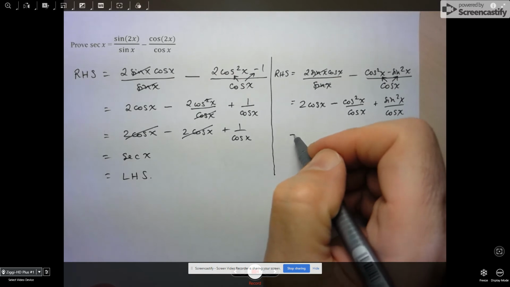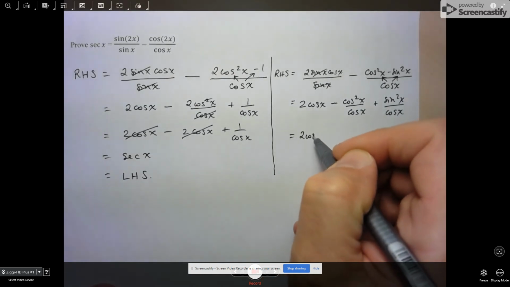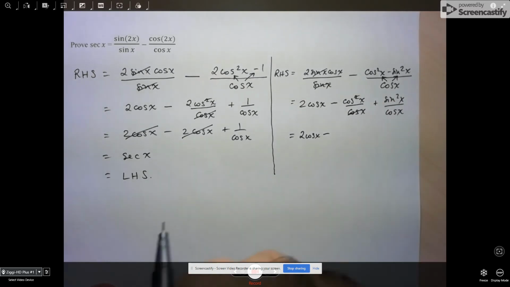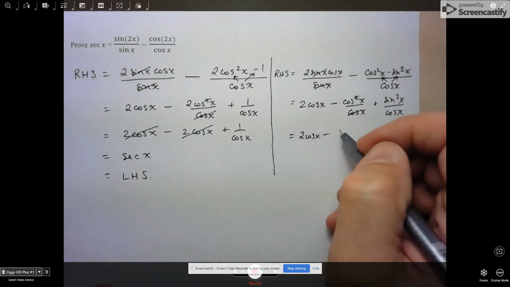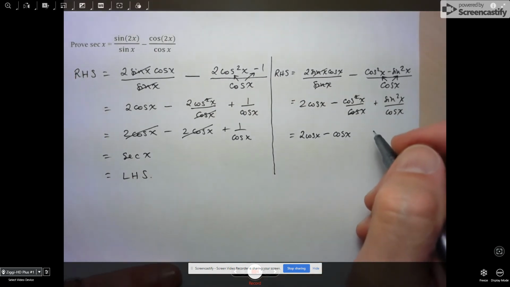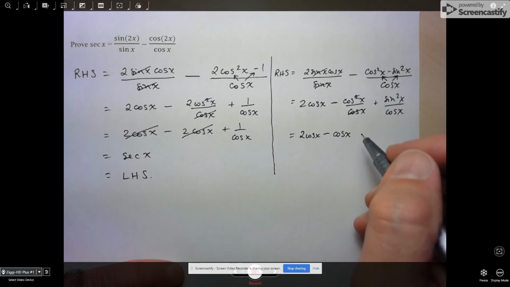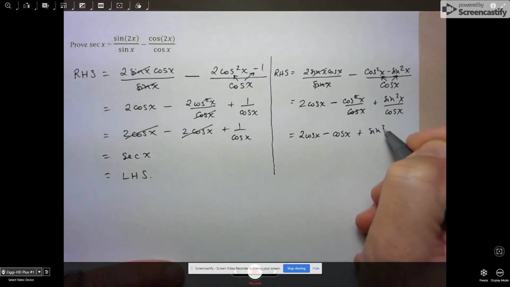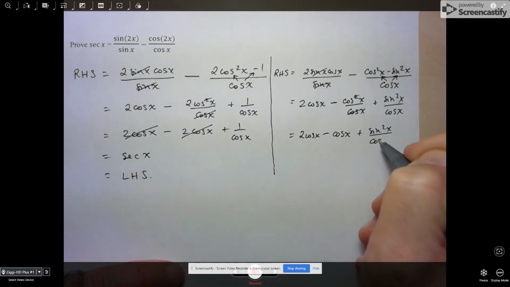All right, so let's see what happens here. I have 2 cos x. Here I have minus. One of those cos x's is going to reduce with the one in the denominator, so minus cos x. And so now, I'm going to have to make some sort of choice as to what I'm going to do. So let's simplify first. So plus sine squared x over cos x.